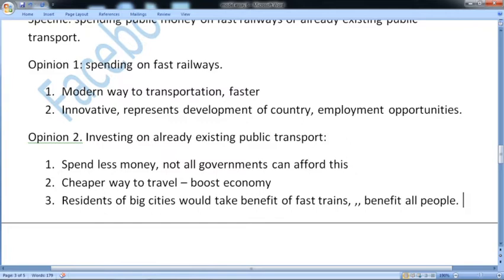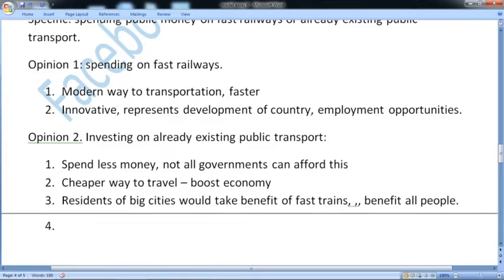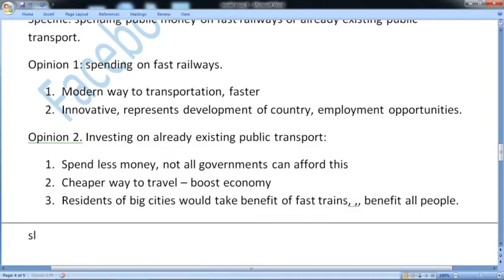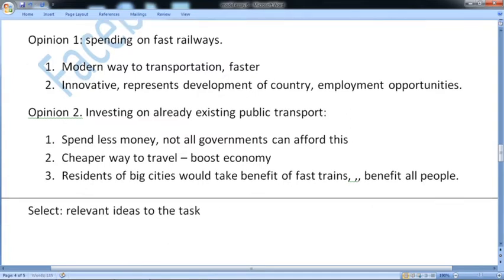You can think about other ideas, and then after brainstorming you have to select relevant ideas to the task.